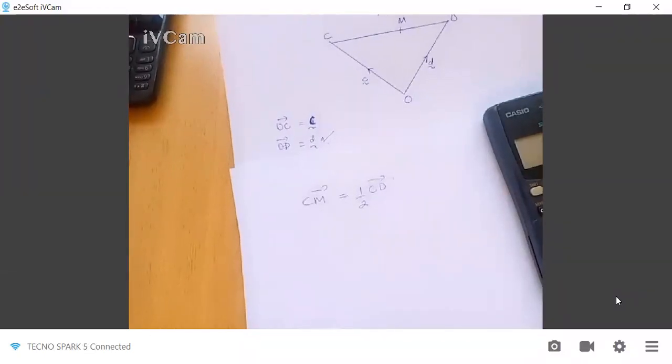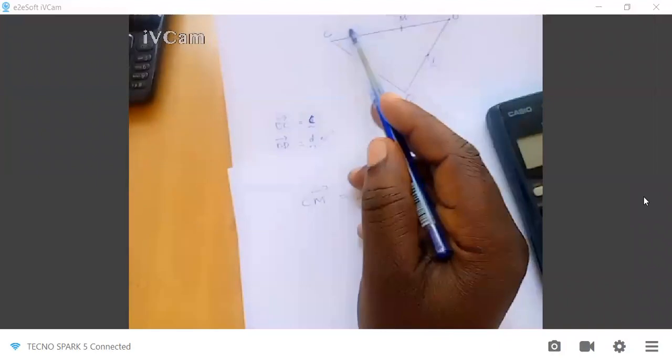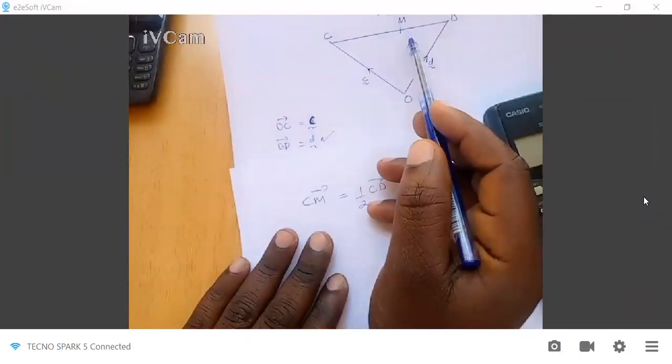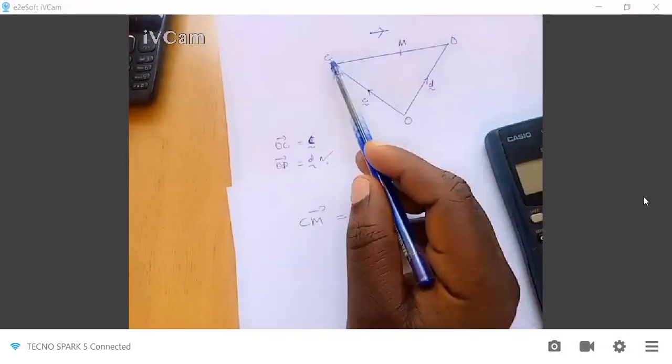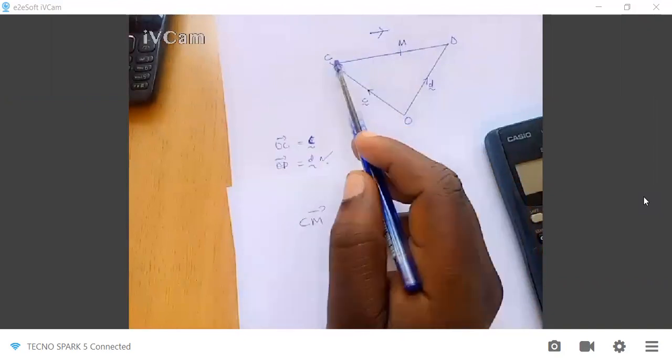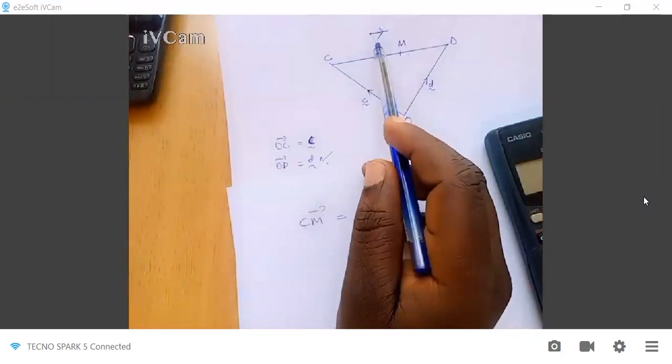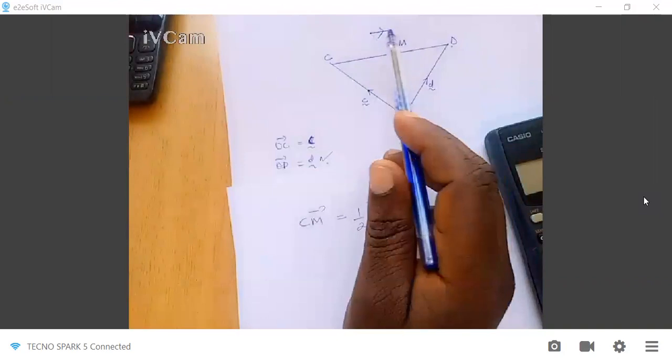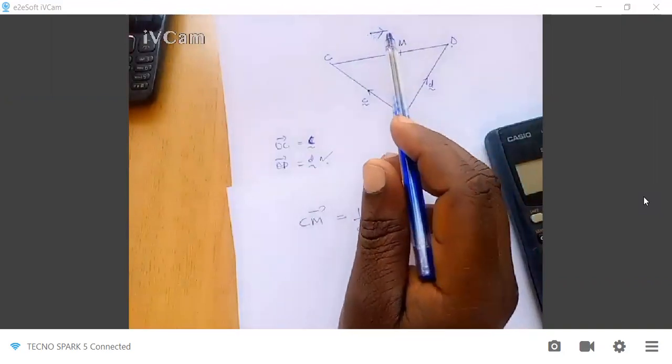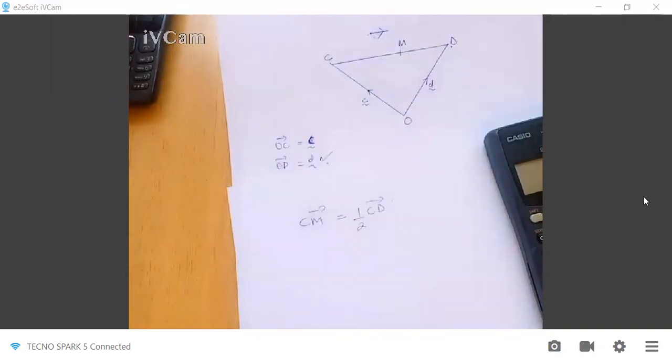You can see exactly that the direction of CM is in that direction. The direction of CD is also in that same direction. That is very important. Are we together?